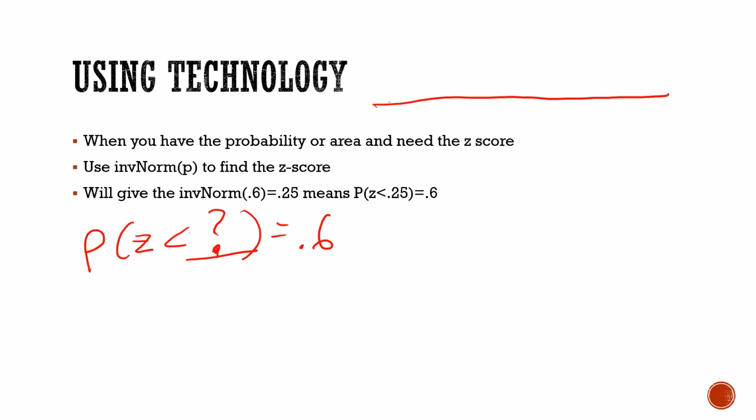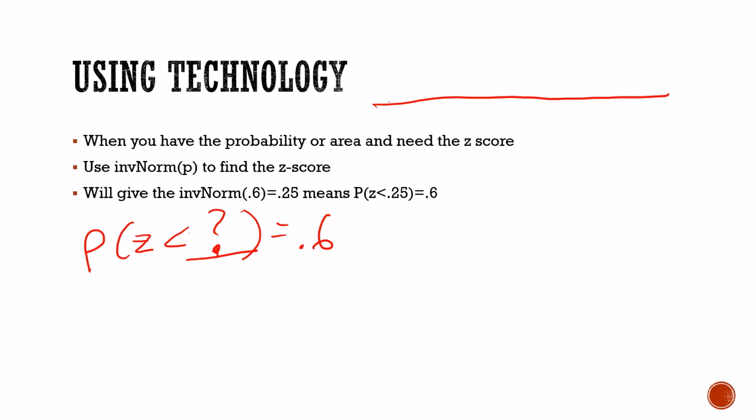Notice the thing under it, it says invNorm. Norm, we can guess, stands for normal, and inv stands for inverse. So it's saying, take a probability and give me the z-score that cuts that much probability to the left of that z-score. For invNorm, you just put in a single number because we're looking to the left. I type in 0.6.